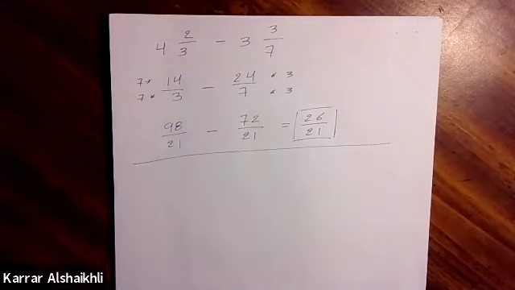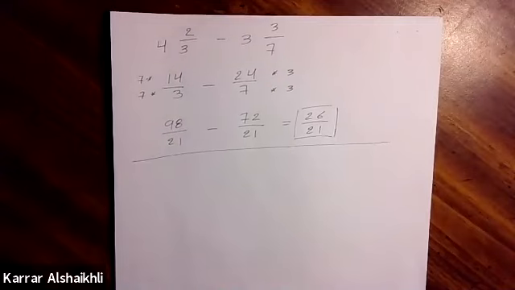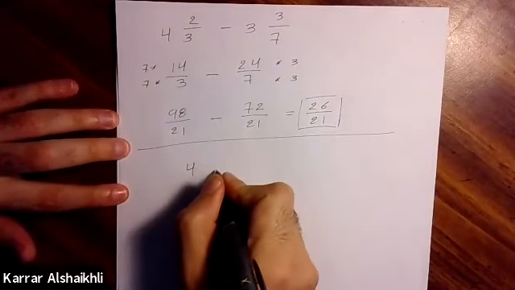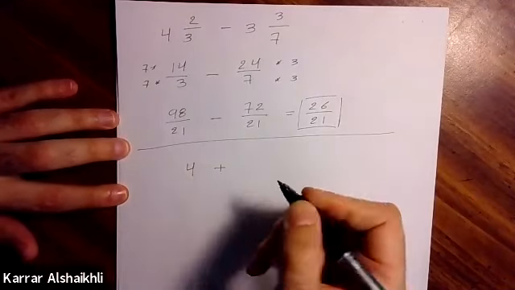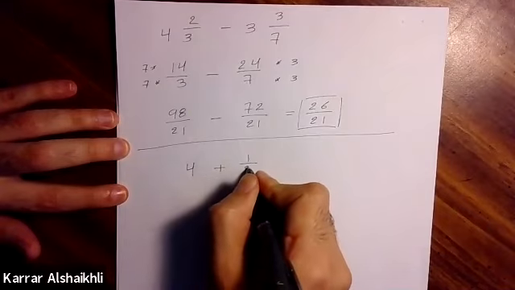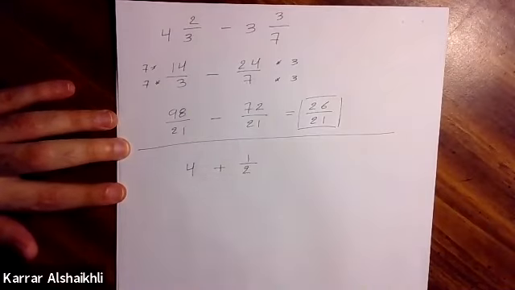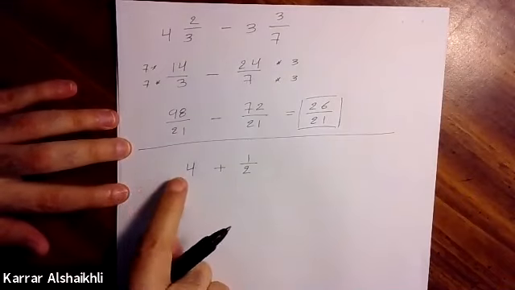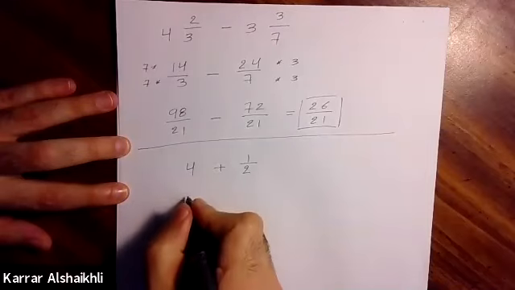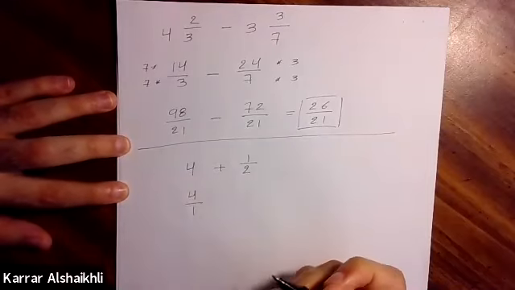What about if you get an example on online homework like 4 plus or minus, let's say 1/2. Doesn't matter, plus or minus, just a number. If you have a number, can you write down the number 4 as 4/1?